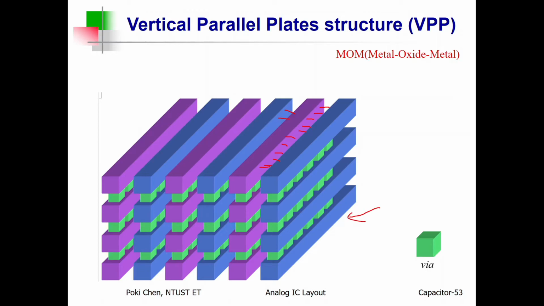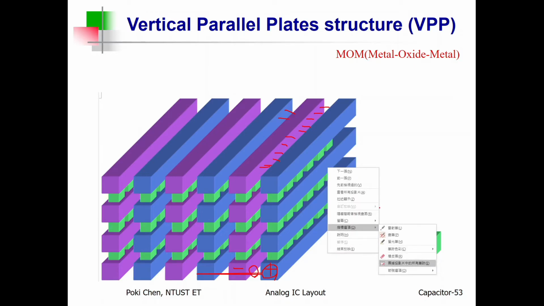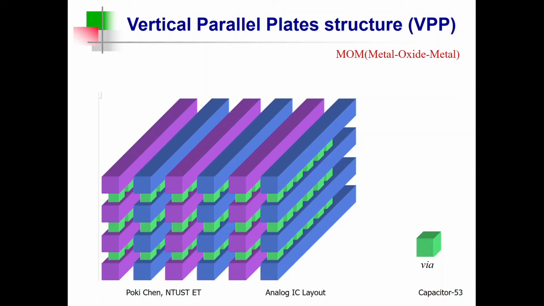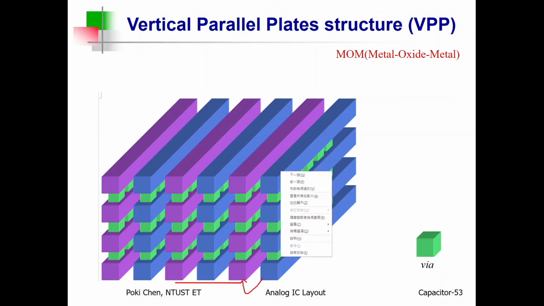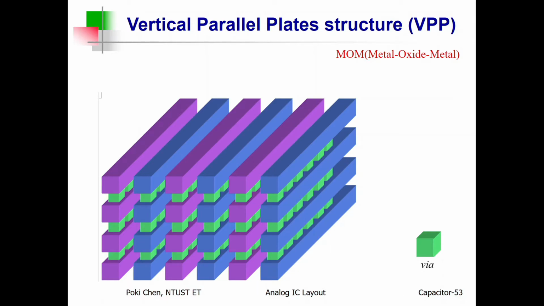Why? You may say, hey, to the bottom. Yeah, to the bottom. But I told you already, if this is positive, that is negative, according to the very narrow line and very narrow spacing, very small spacing. Most of the electrical lines will be bent back from positive to negative. From positive to negative here, from positive to negative there.